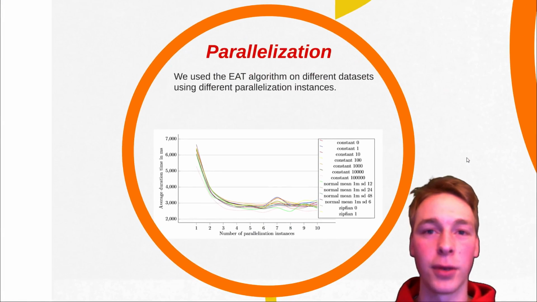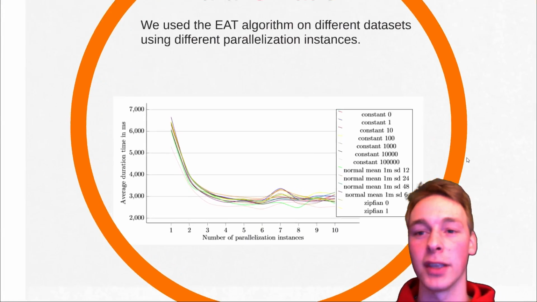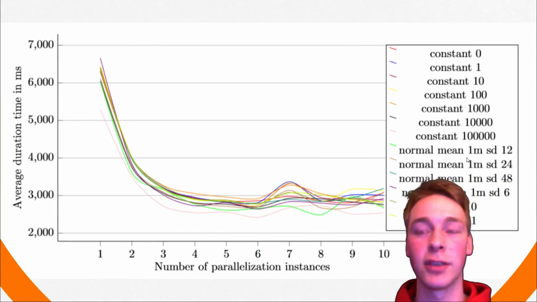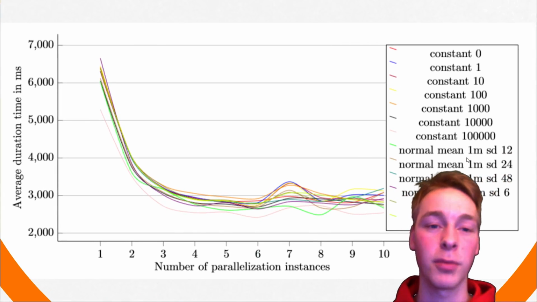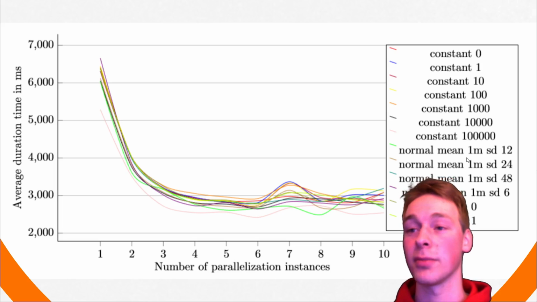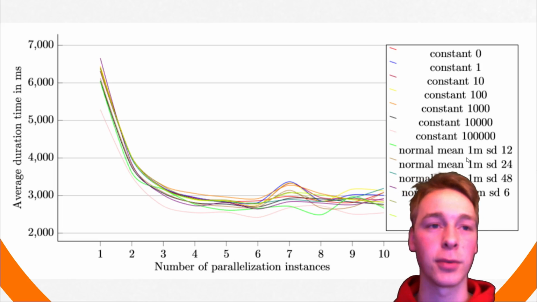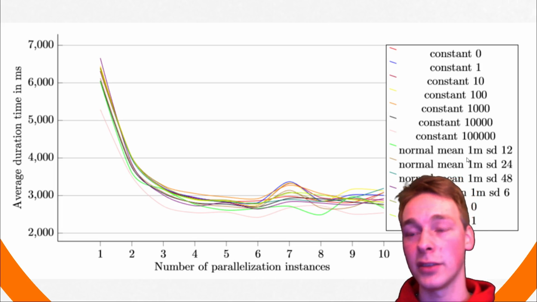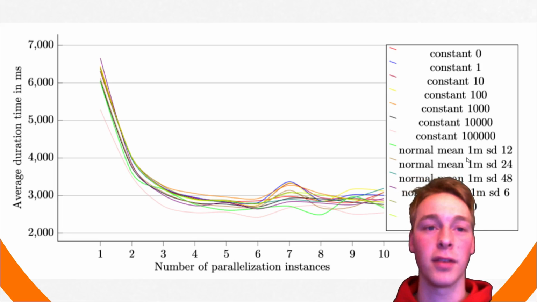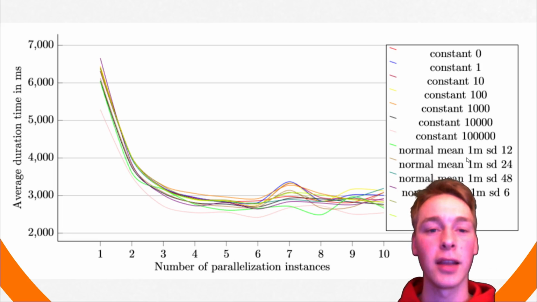We also ran tests for the parallelization. For this, we used different cores of a computer, but you can also think of them as different machines on which an algorithm is distributed. And in this, you can see that it speeds up fairly fast at the beginning by adding a couple of machines, and later on it converges.